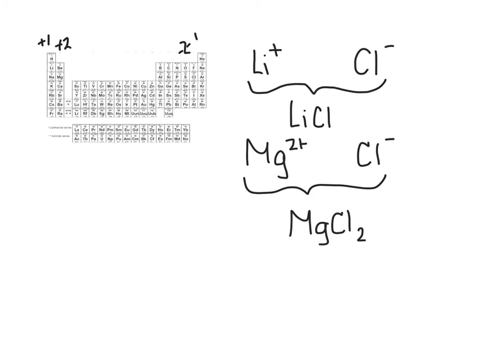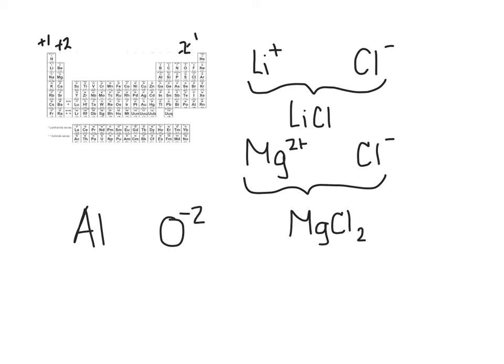Using this same logic, we can predict the formula for any ionic compound between a metal and a non-metal. So for instance, let's say we wanted to make a compound from aluminum and oxygen. Oxygen is in group 16, so it's going to have a -2 charge.